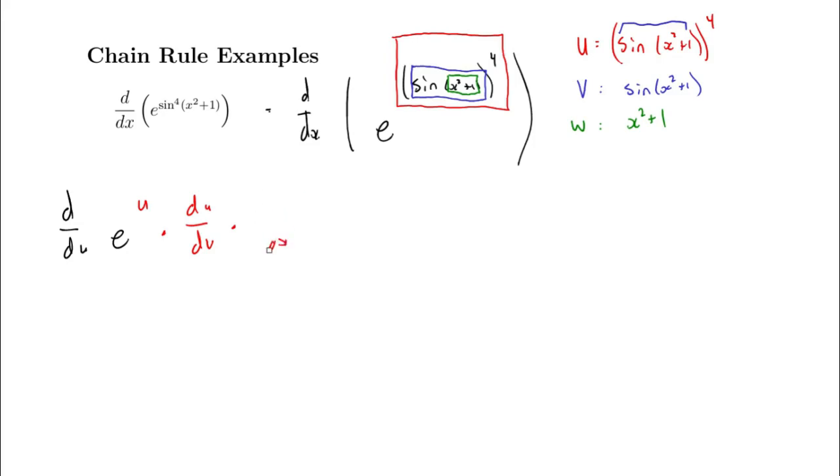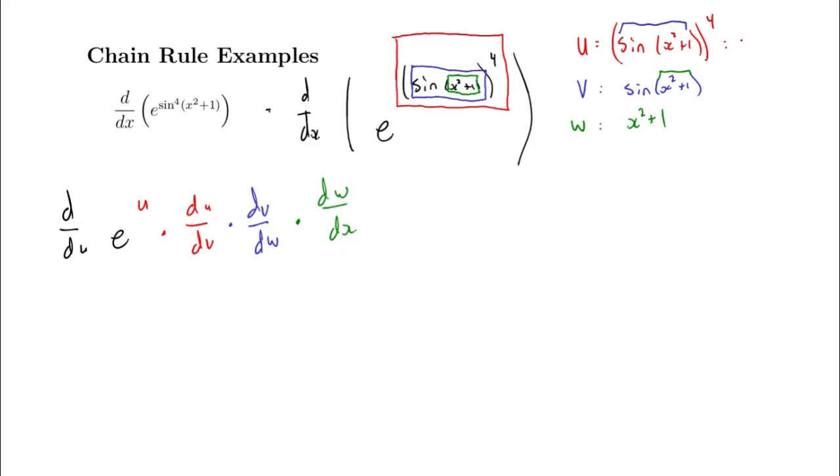Maybe I'll do that one in blue. But dv over dx is really going to be dv over dw times dw over dx.